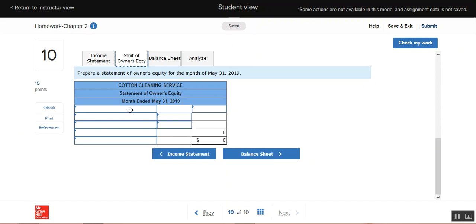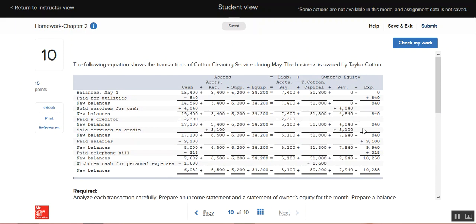To do that, you're going to have Taylor Cotton Capital at the beginning of the month, and that amount, let's see, looks like they've got balances in the first line. So to do the statement of owner's equity, you need to kind of look at this. So there's their $51,800. That's their beginning.